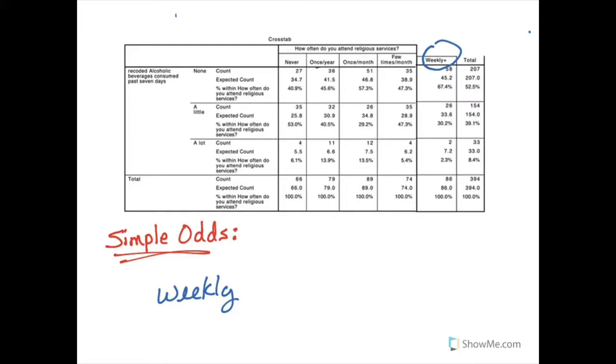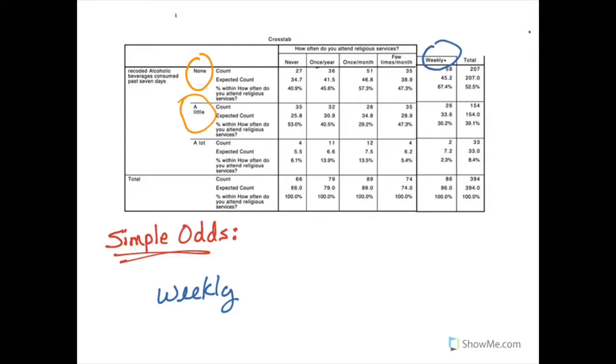If you have a 2x2 table, there's only 2 you can select, so it's pretty obvious, but in this case I have 3. There might be 4 or 5 categories. And again, usually the extremes work better, but let's just use these 2 here.